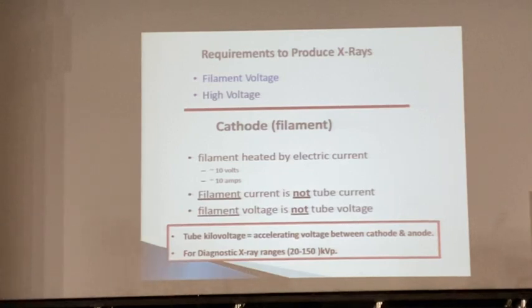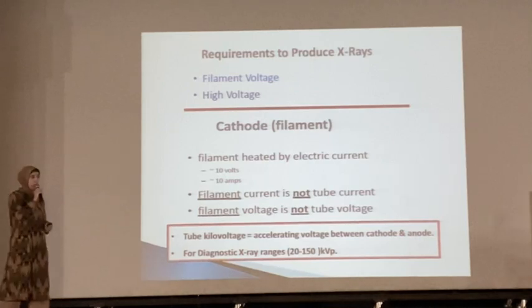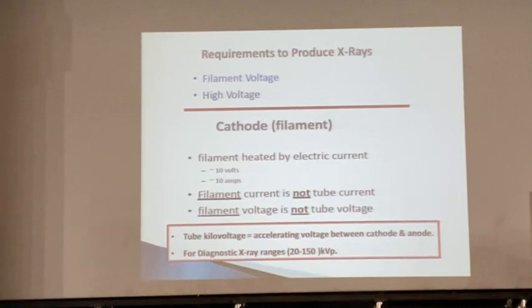The filament voltage is low, about 10 volt, not kV, 10 volt and 10 ampere, while the tube voltage is high, about 20 to 150 kilovolts. So the filament current is not the tube current, it is different. The filament voltage, again, is not the tube voltage. They are different. The filament is of low voltage, while the tube is of high voltage. Is that clear for you?